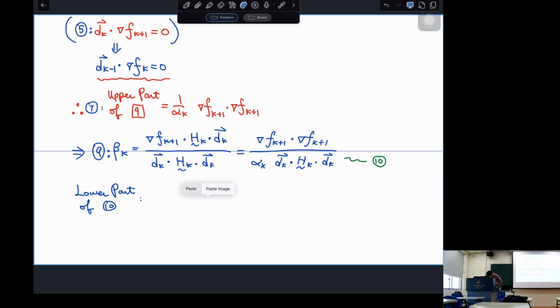Copy and paste. Right? And we are going to rewrite it by the information of equation 6.